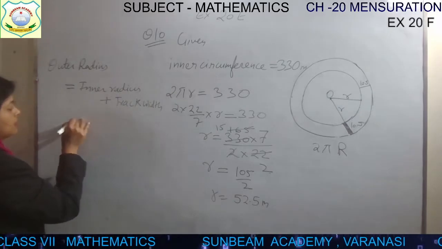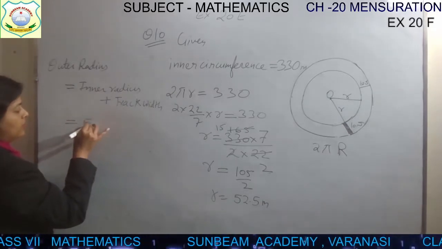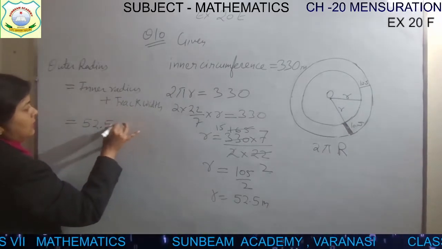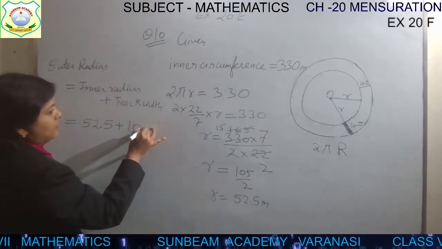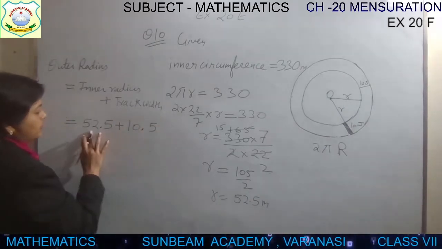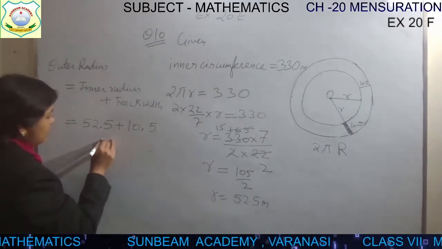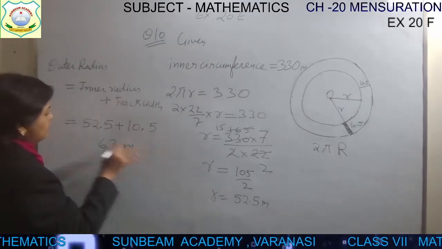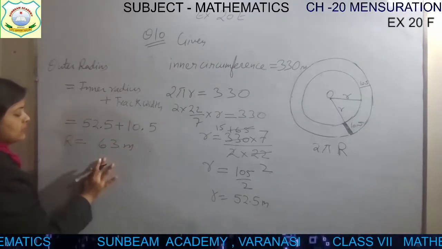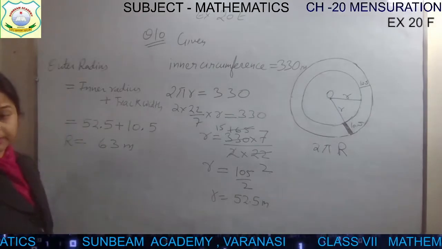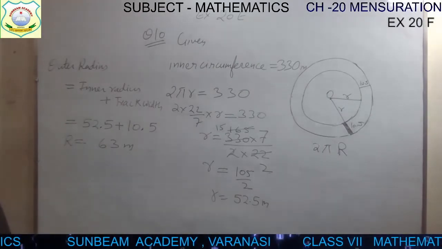So inner circle radius is 52.5, track width is 10.5. So 52, 10, 62 and 63 meter will be the radius of outer circle.